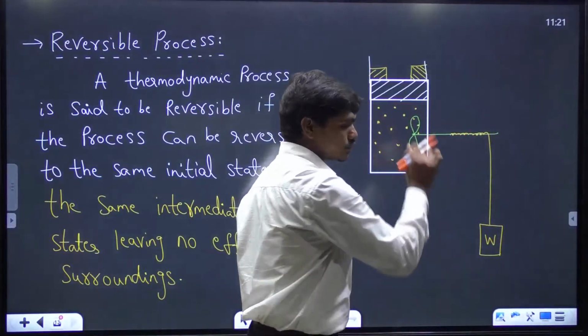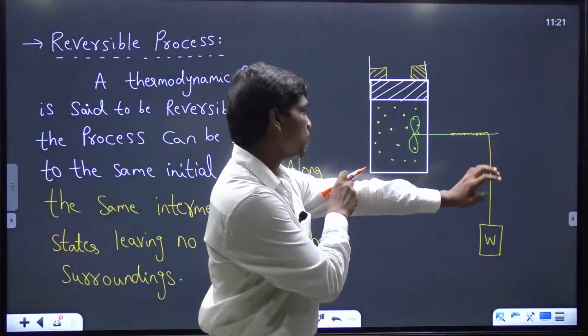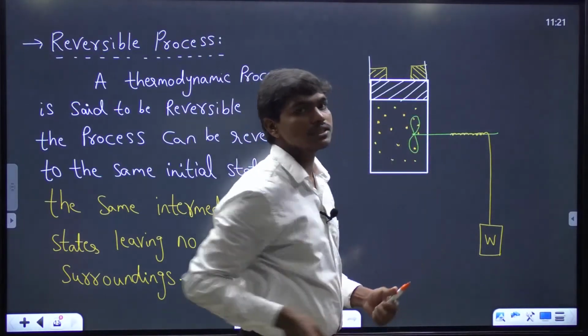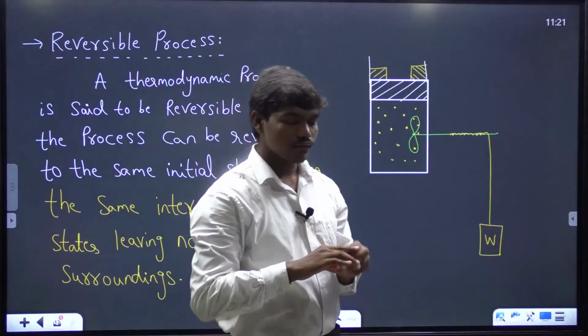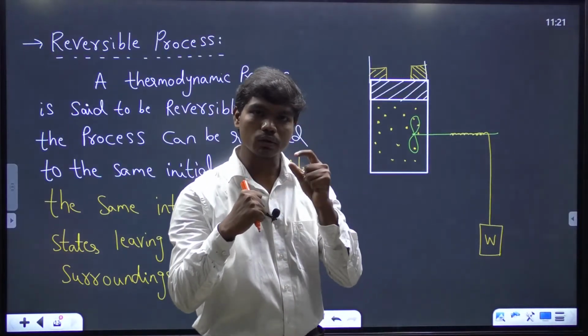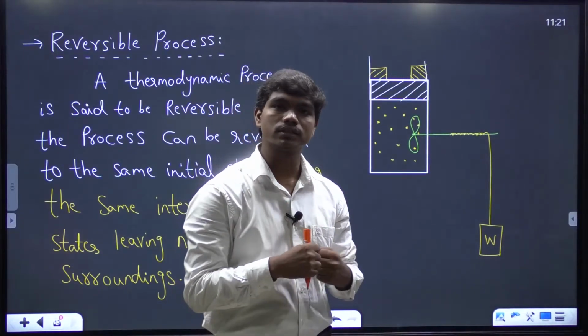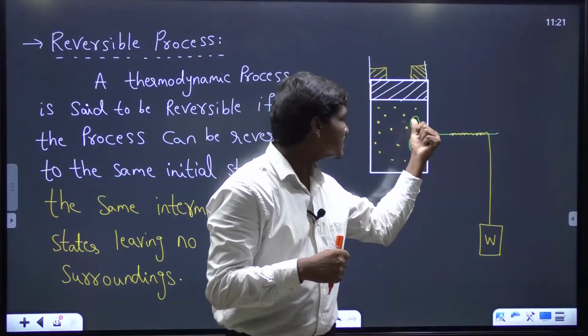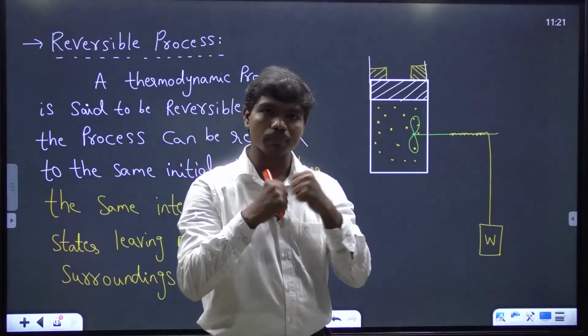So when these wheels are rotating, look, I want to tell you in a very close way. When this paddle wheel is rotating with the gas, tell me one thing: will the paddle wheel and the molecules of gas rub against each other? Basically when this paddle wheel is rotating, this paddle wheel and gas molecules will rub each other.